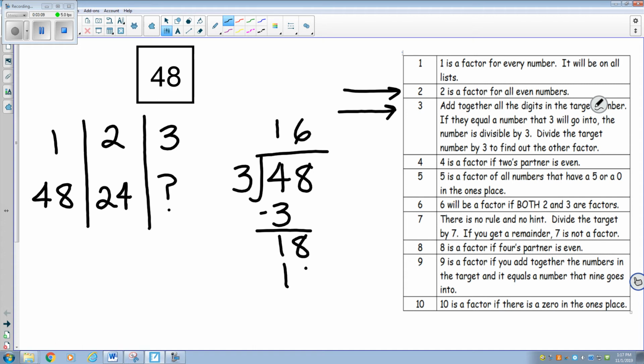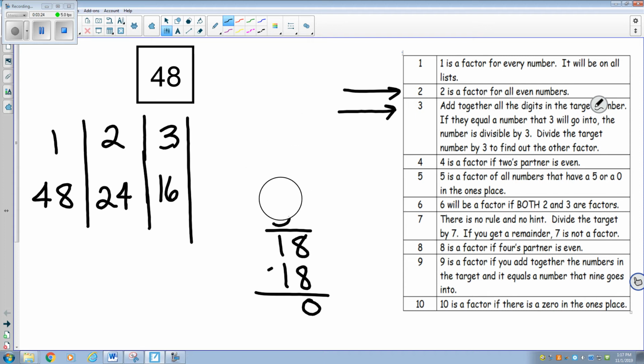As long as you have no remainder, that means that these two are both going to be factors of 48. So 3 and 16. 3 times 16 equals 48, meaning that both 3 and 16 are factors of 48.